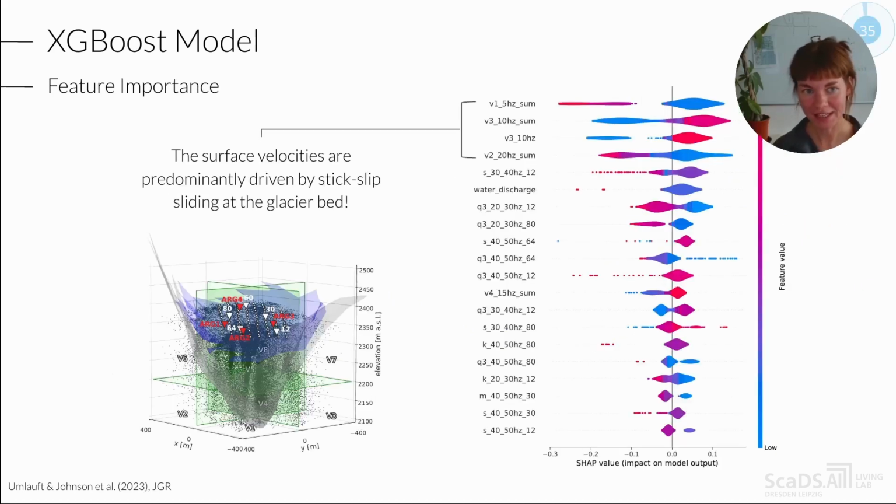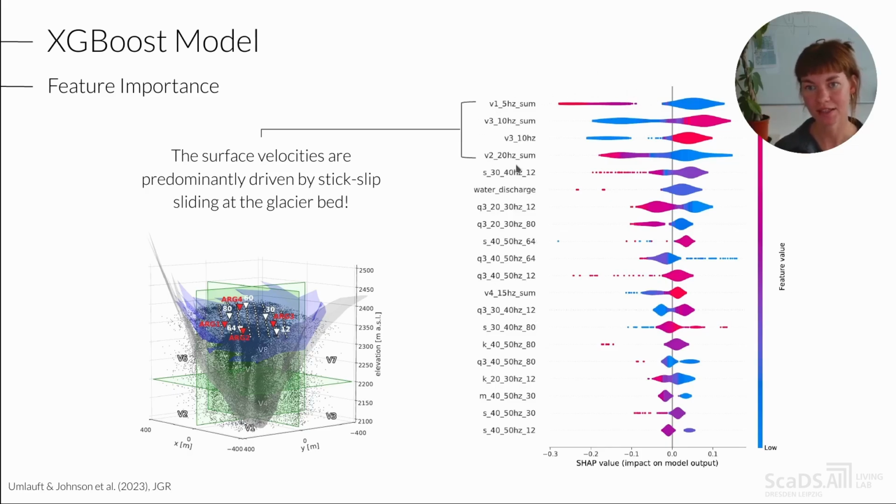Okay, and finally, we also had a look at the feature importance. This is actually something that interests us the most. What you can see here are SHAP values, meaning we order the features by importance for the model to take its decision.